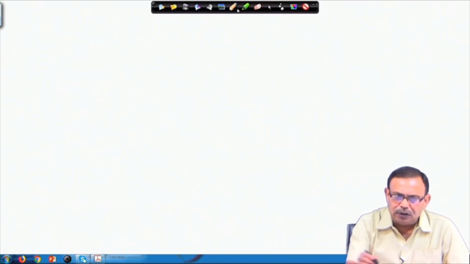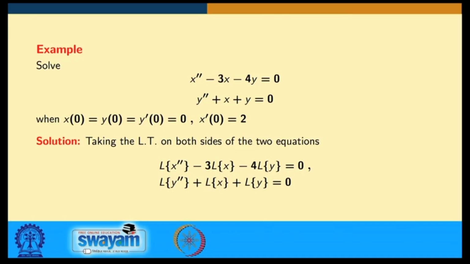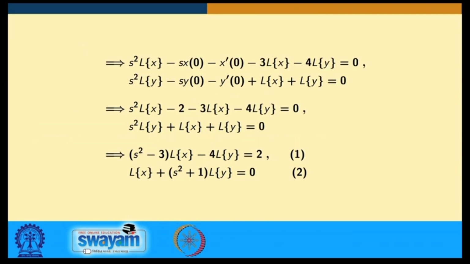Just quickly let us see this one. You take the Laplace transform on both sides of the given equation. Once I have done this, then using the normal process, I get equation 1 and equation 2, which are functions of the Laplace transform of x and the Laplace transform of y.